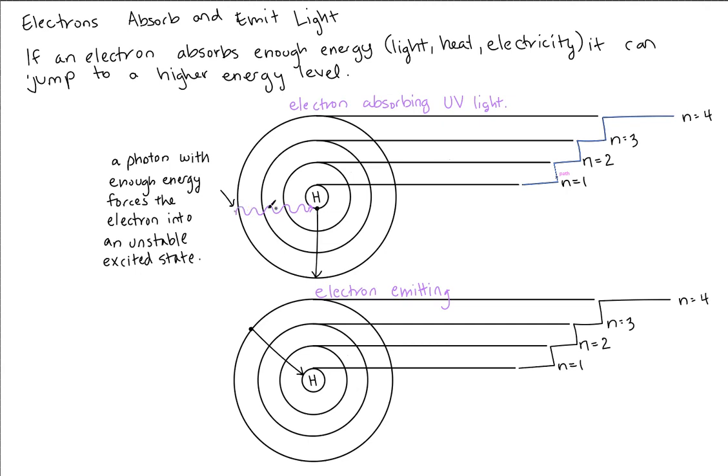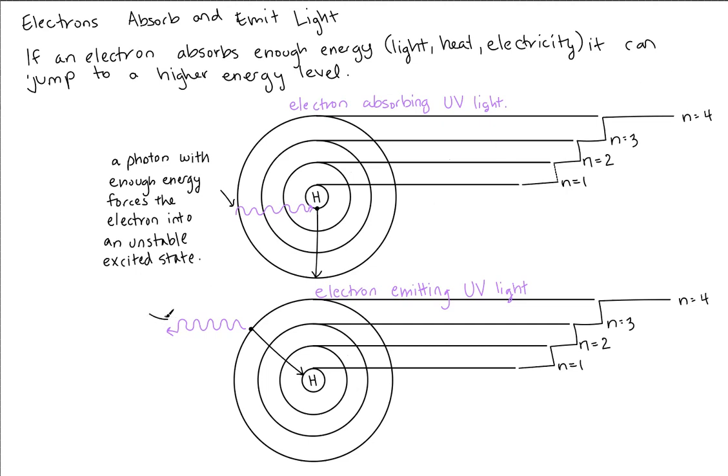When it absorbed this UV radiation, this UV photon, it jumped up to the fourth energy level. Now it falls back down to where it was before. What do you think it's going to emit? It's actually going to emit that same exact photon. I'm going to put UV light here. And really, it's emitting the same photon. It's emitting a photon with exactly the same energy. All right. And so this is what happens when an electron falls.